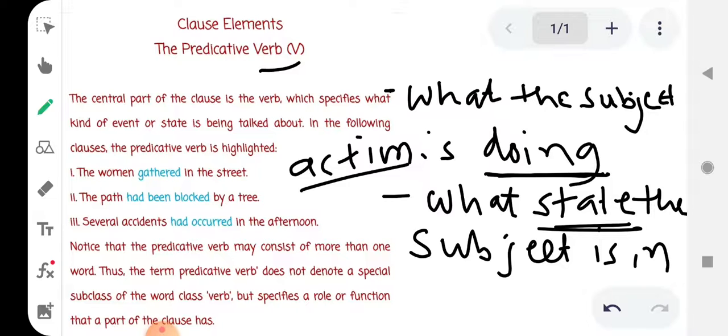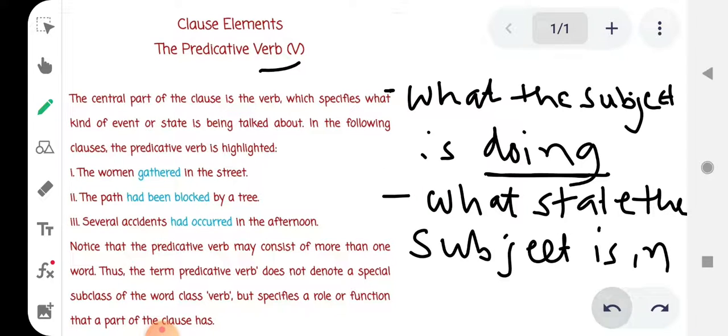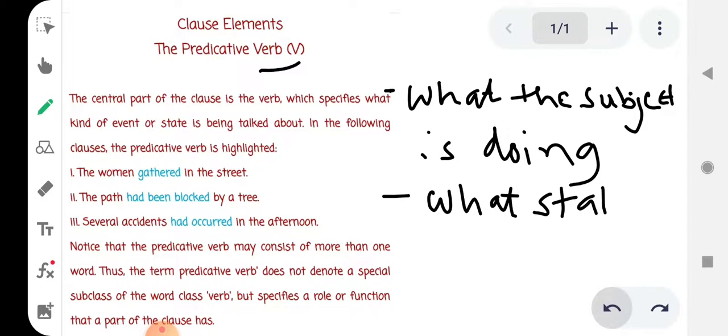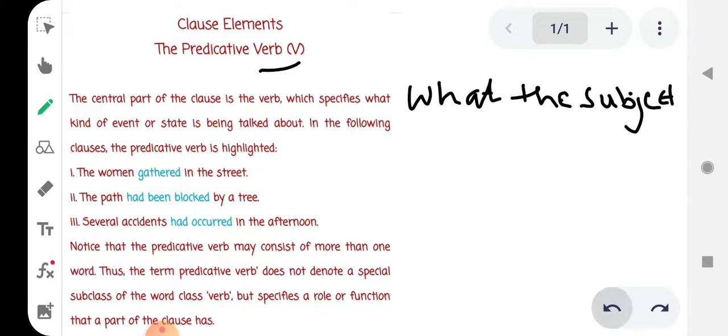This is the central part of the clause. Why is it called the central part? It is called the central part because on the verb only, three main principal things are dependent.